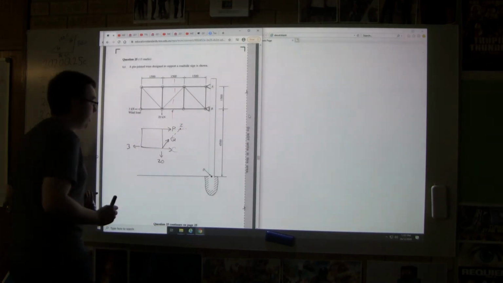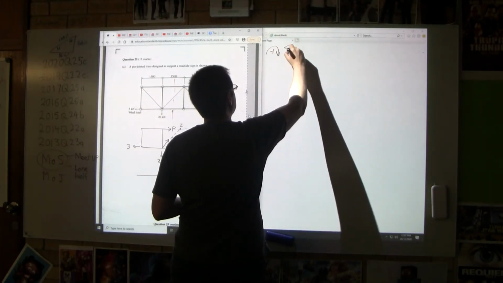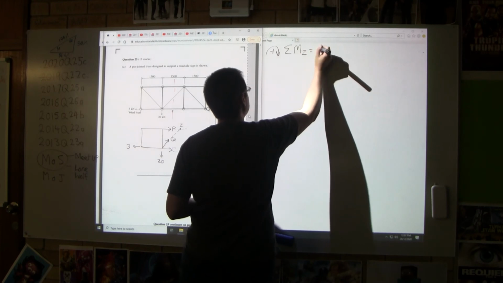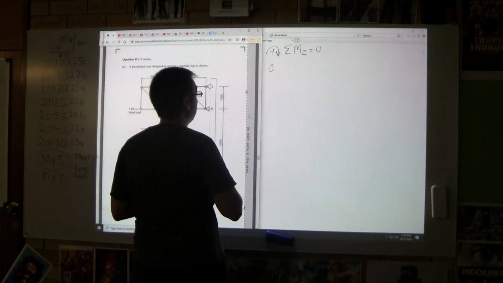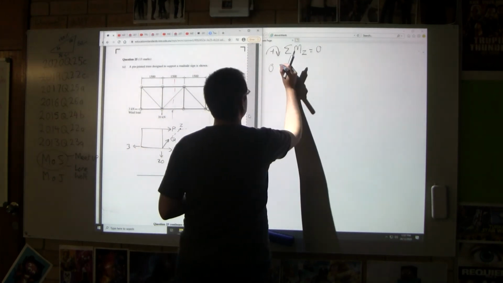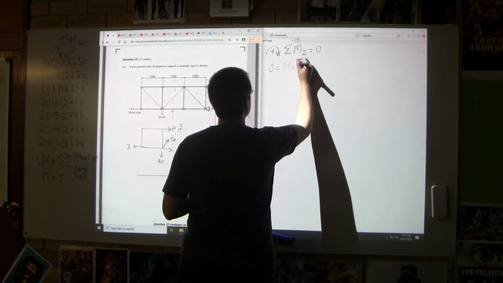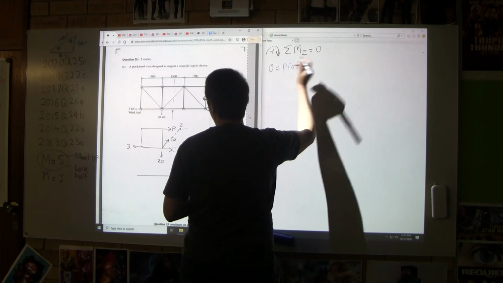Okay, so what we're going to do is write sum of the moments. The sum of the moments at every location are equal to 0, but we're measuring from Z, so we can eliminate 2 unknowns. To eliminate those 2 unknowns, I'm going to write them in blue. You don't need to write this in blue. The blue part is not important. Okay, I've got P brackets 0, because it's 0 perpendicular distance from P. We're calling this the meetup method.